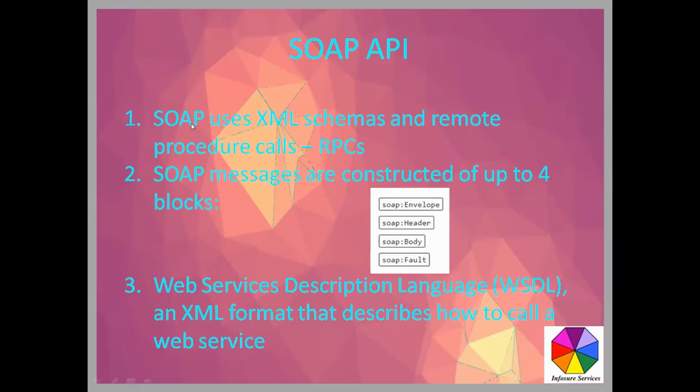So SOAP, the earlier protocol, uses XML schemas and remote procedure calls to do data transfer. This structure of doing data transfer was how data transfer evolved. So the SOAP standard, SOAP protocol evolved.